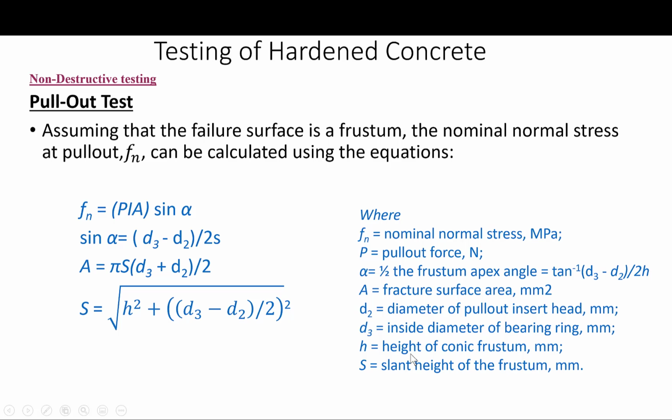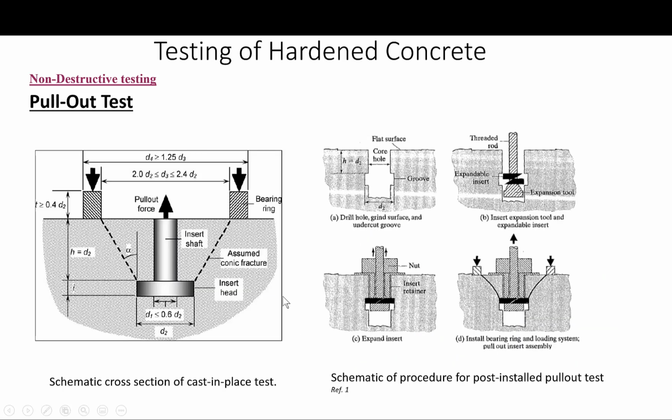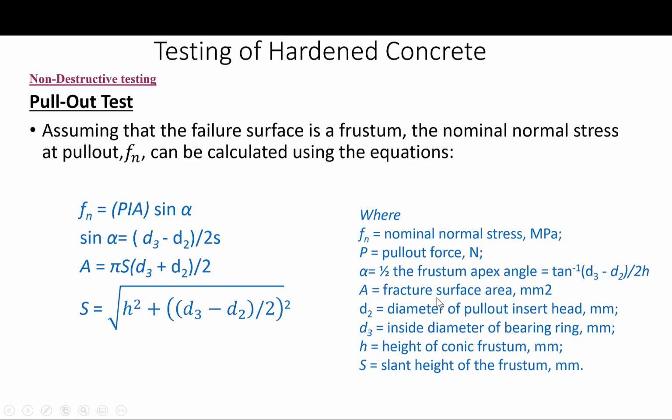H is the height of the conic frustum in millimeters. S is the slant height of the frustum in millimeters. So all these values are indicated on this schematic right here. There is certain computation that you have to do in order to arrive at this value, and then we will calculate the F sub n.